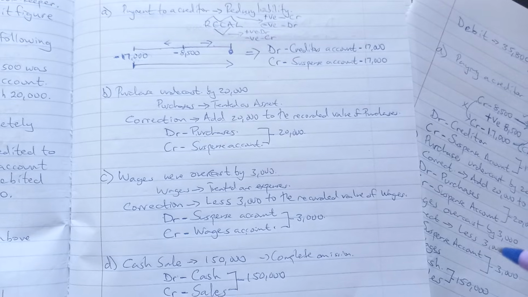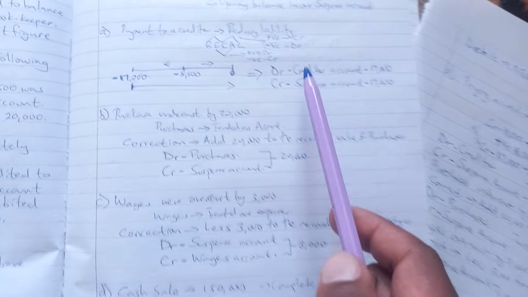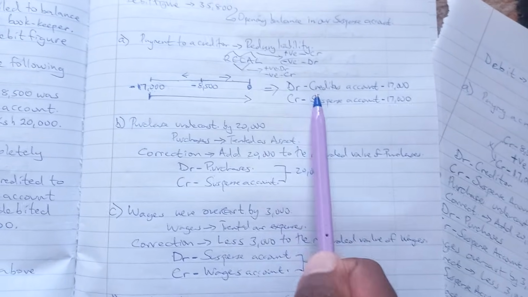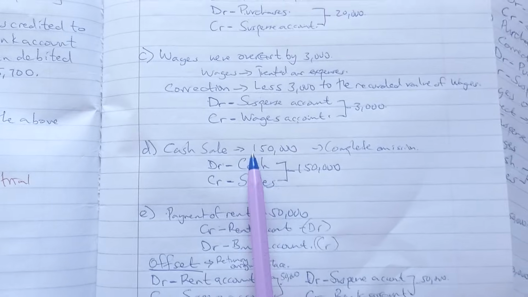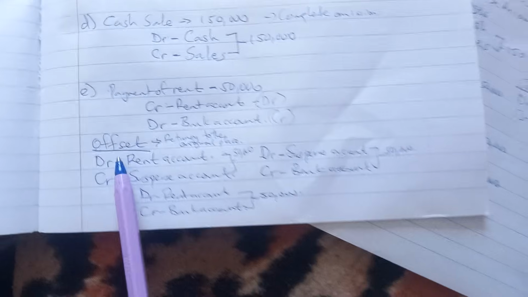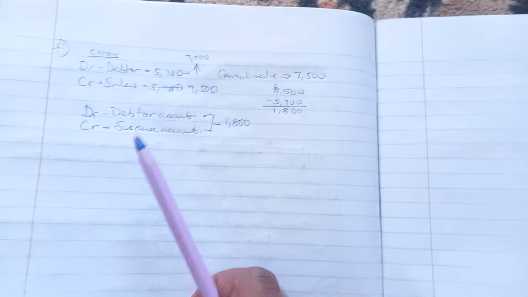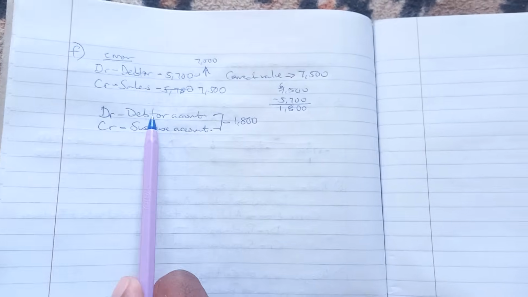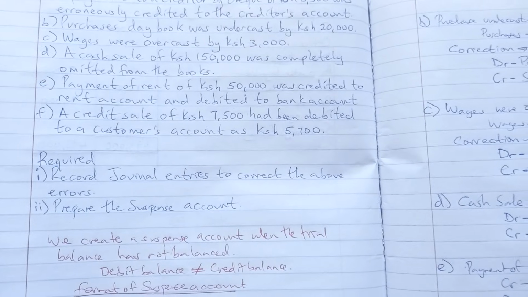So please review that video and you will see that when you have the transactions of A, B, C, D, E, and F, you can draw the journal entries. Okay, so I'm not leaving you dry.